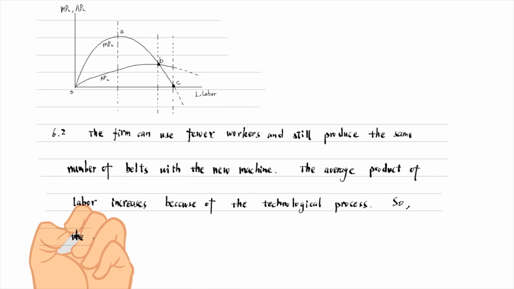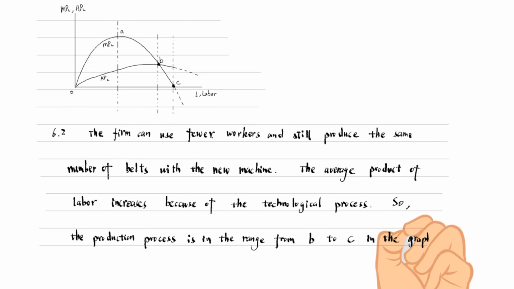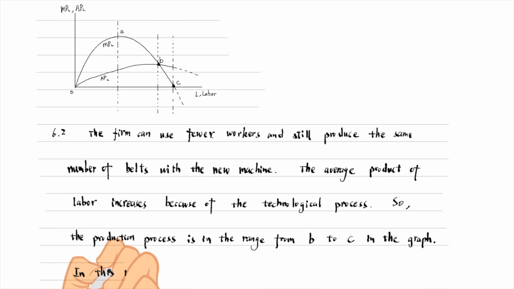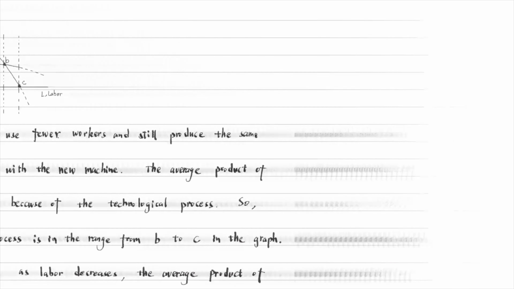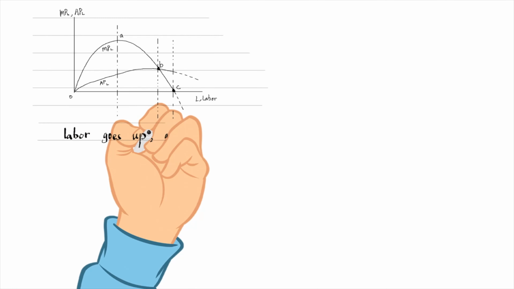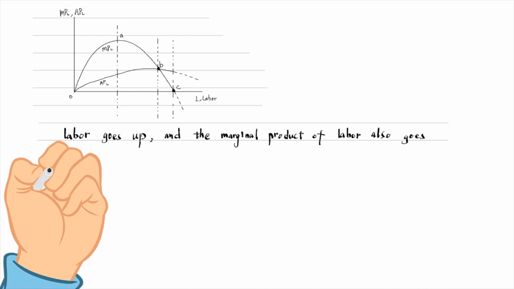So, the production process is in the range from point B to point C in the graph. In this range, as labor decreases, the average product of labor goes up, and the marginal product of labor also goes up as the number of workers drops.